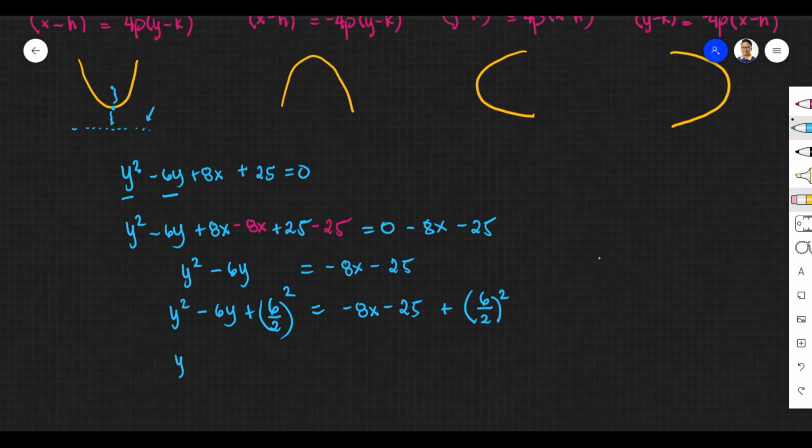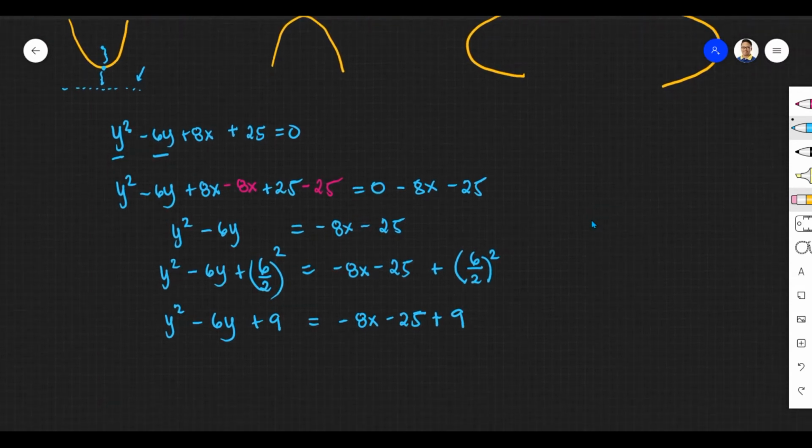We have y squared minus 6y plus 9 equals negative 8x minus 25 plus 9. Combine like terms on the right side. We have y squared minus 6y plus 9 equals negative 8x minus 16.